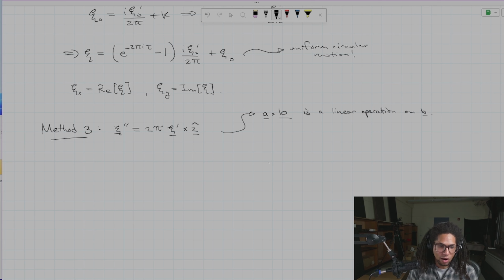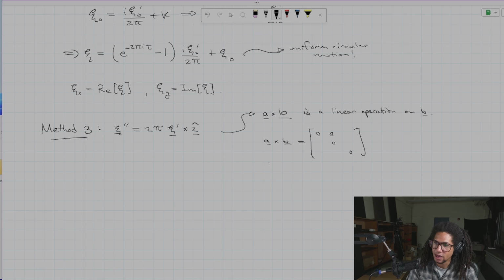And any linear operation can be thought of as a matrix. And so that is the key. I can think of A cross B as a matrix. So in particular, A cross B, these are 3-dimensional vectors because we're dealing with cross products, is going to be equal to the matrix with 0, 0, 0 down the diagonal, times, okay, so up here, I'm going to get minus, the way to remember this is the 1, 2 entry.